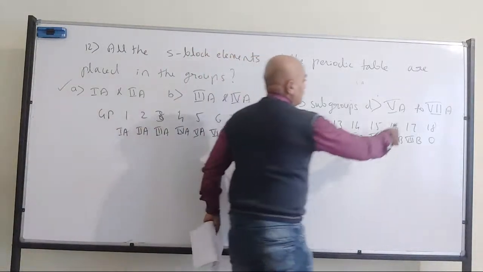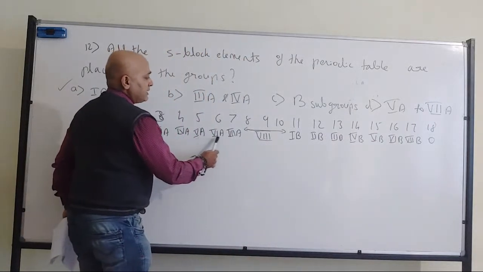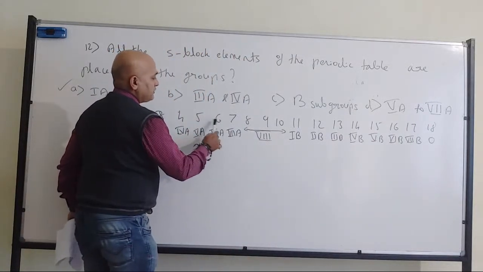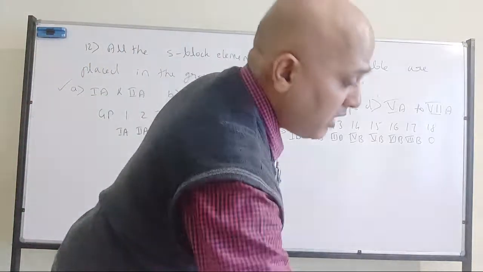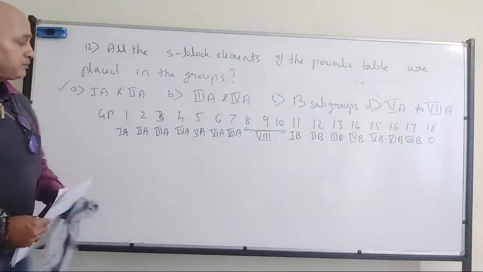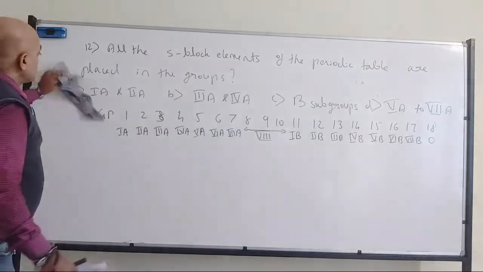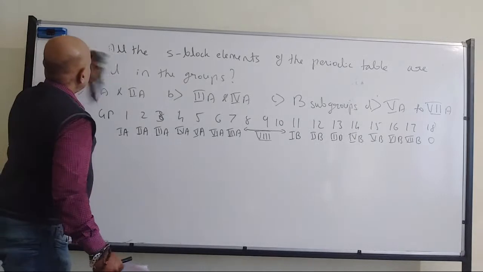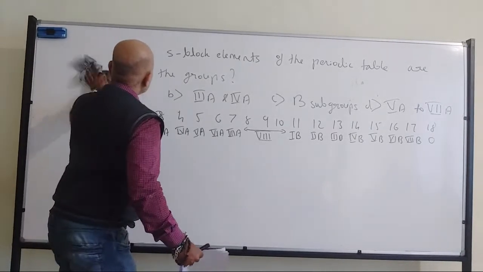Now 5A to 7A means here we are talking about 5, 6, 7, once again transition metals. But S block is group 1 and group 2, that is 1A and 2A. Fine. So option A should be the answer for this particular question.